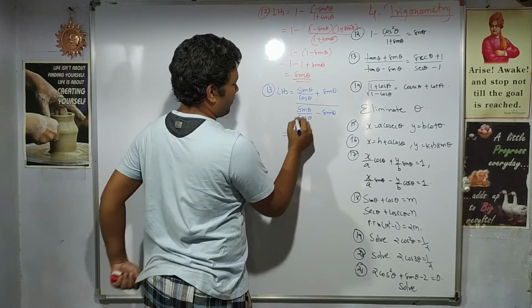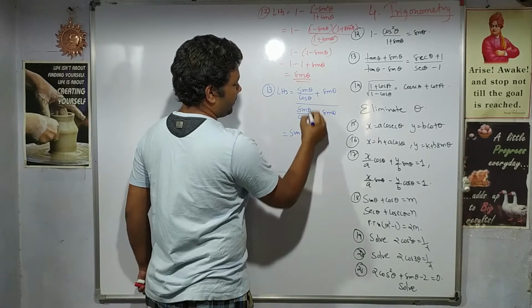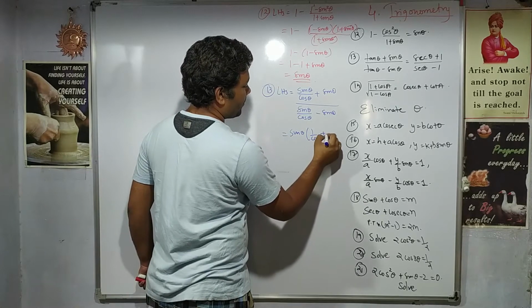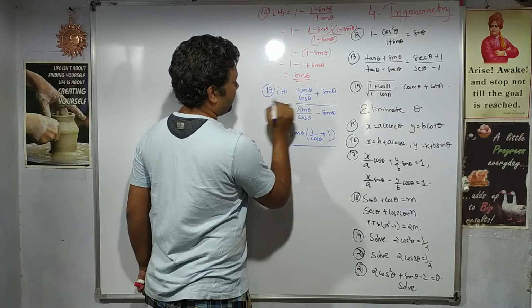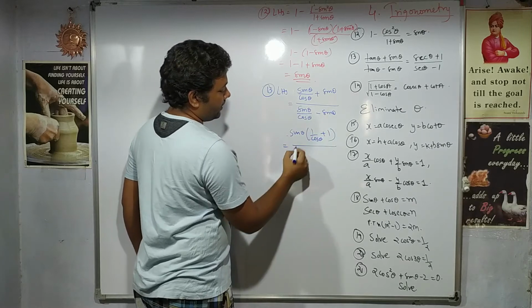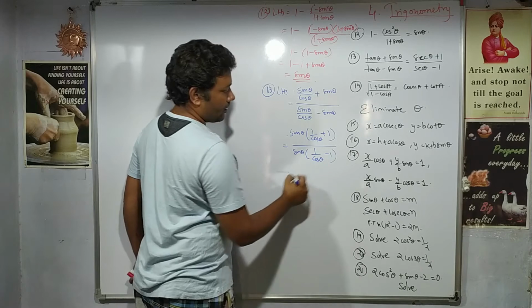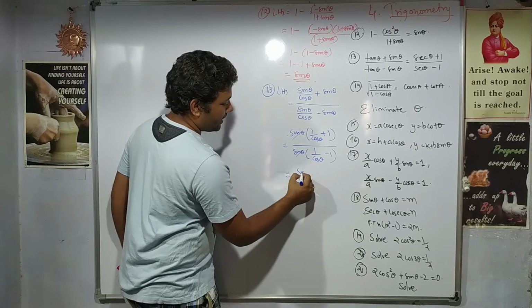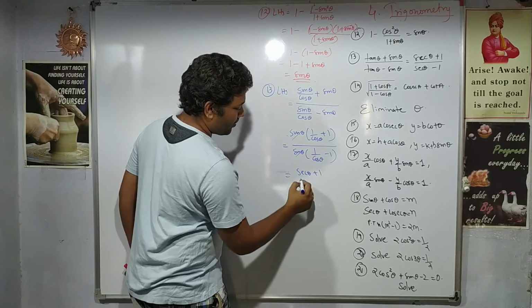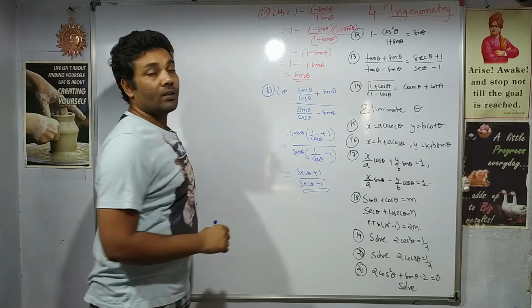So what will it become? If we take out sin theta from the numerator, it will be 1 upon cos theta plus 1, correct? In the denominator also sin theta is common, so the remaining sin theta gets cancelled. 1 upon cos is sec theta, here also 1 upon cos is sec theta, and that is what the RHS is. Simple.